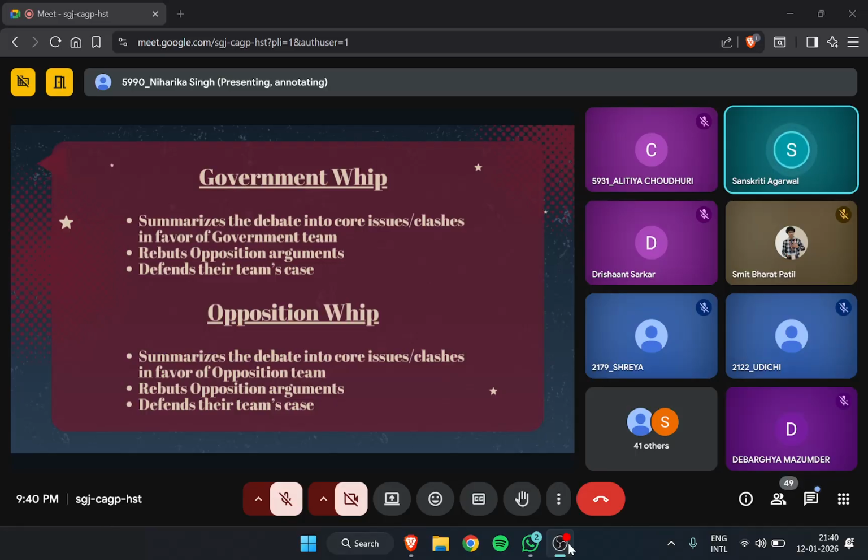So rebutting, especially as a whip, does not mean saying that the other team is wrong. It means explaining why the opposition's points do not stand anymore after your team has responded to them. You briefly state what the other team claimed, show how your side already answered it, and explain why that answer and your argument are enough to counter the opposition's claim, right?